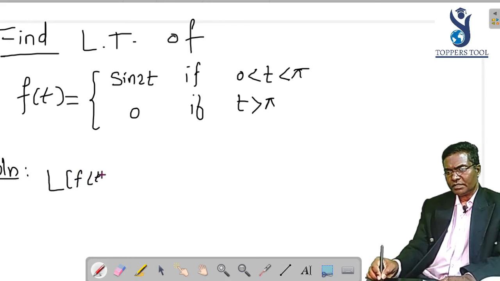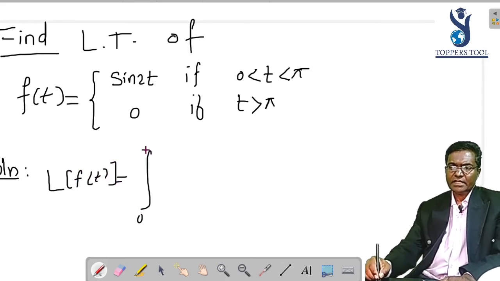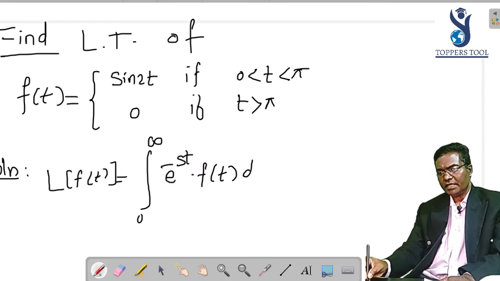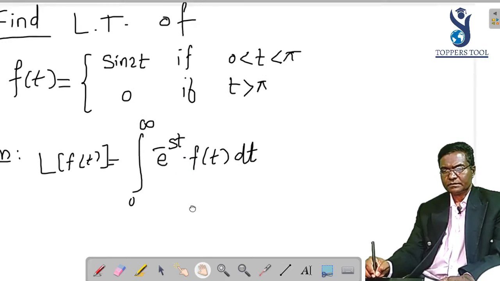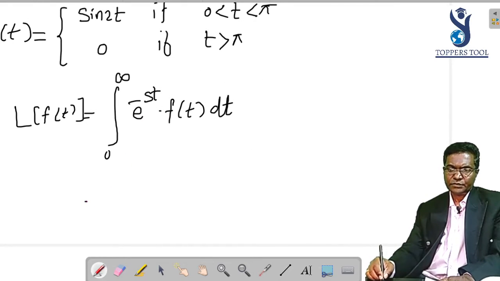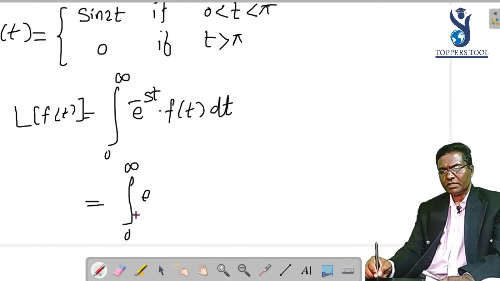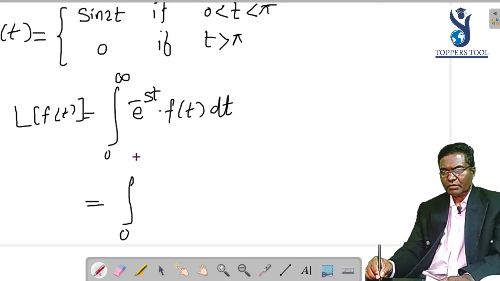So again, by the definition, L of f of t is the integral from 0 to infinity of e power minus st into f of t dt. This is equal to, you have to split it according to the given interval, 0 to pi and pi to infinity.